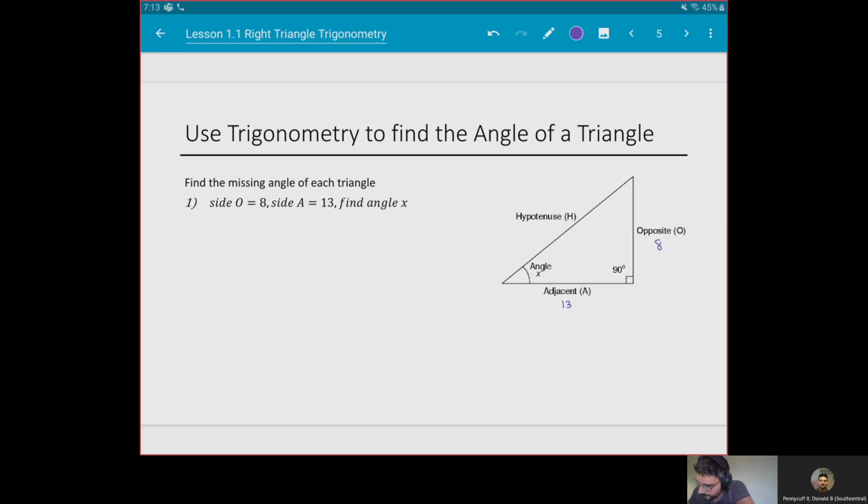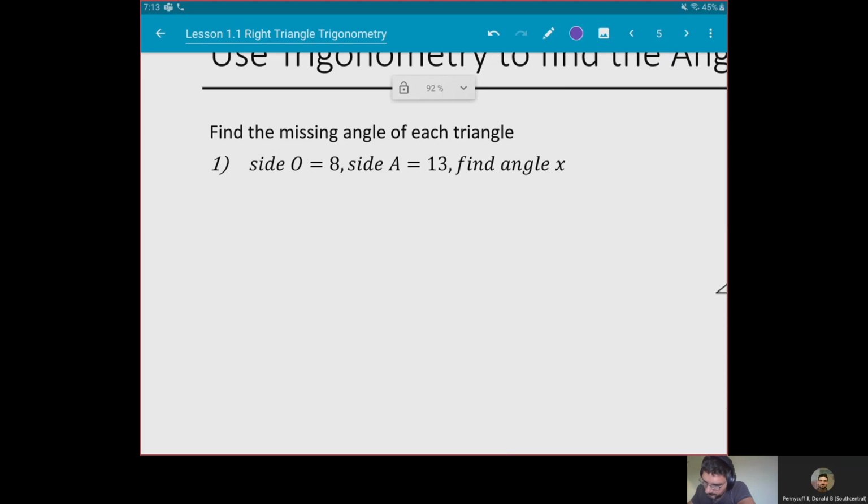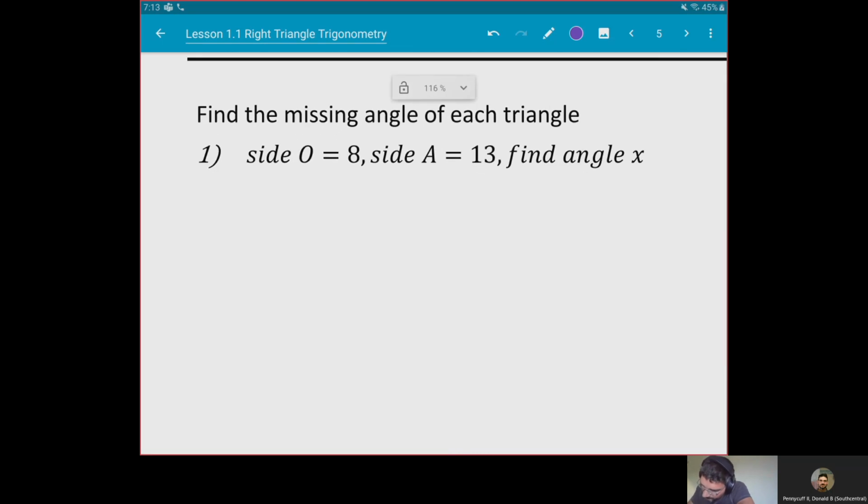So this is a very important thing. Going through our three formulas, we'll find out that this one uses tangent of x is equal to side O over side A. So just plug my information in, and that is going to be 8 over 13.